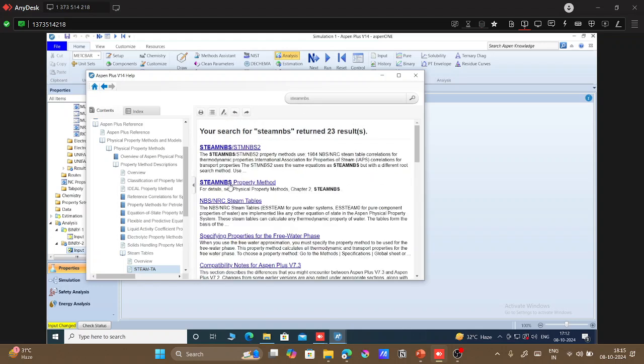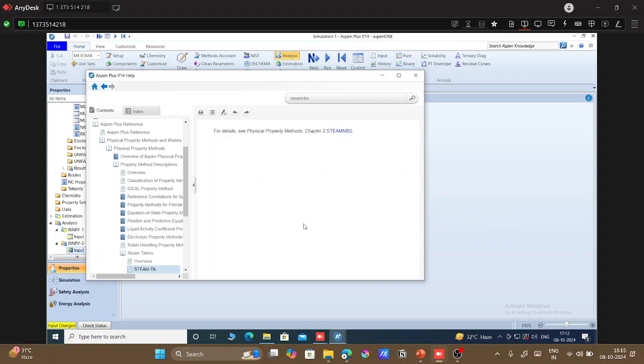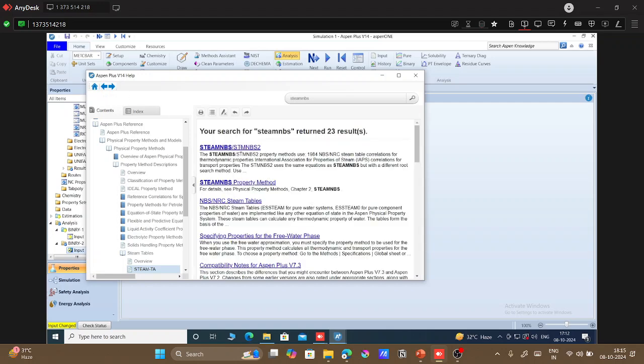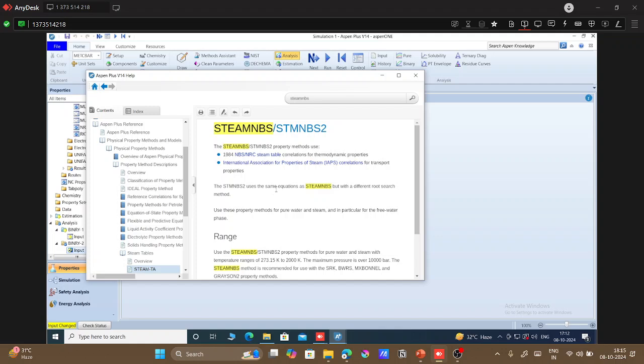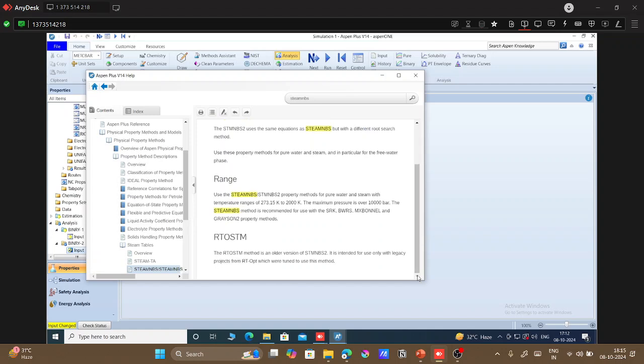It uses the same equation as steam NBS but with a different root search, for pure water and steam, and particularly for free water phases, and the steam temperature range is from 273.15 to 2000 Kelvin.